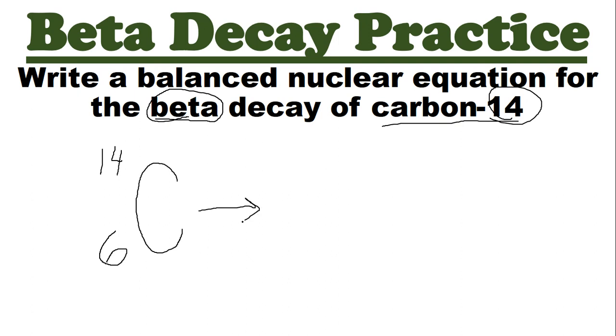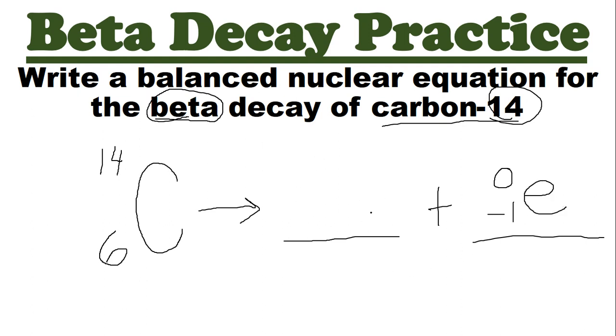We do an arrow, and just like in alpha decay, it's blank plus blank. In the second blank, we're going to write whatever particle is for whatever decay. Since this is beta decay, we're going to write a beta particle, which is 0, -1, lowercase e.